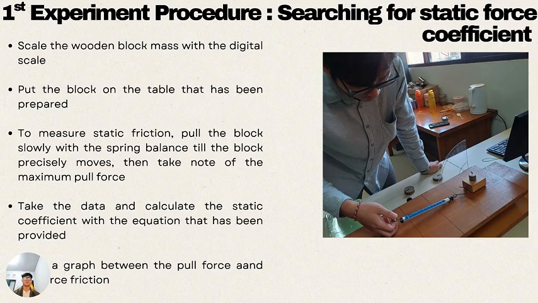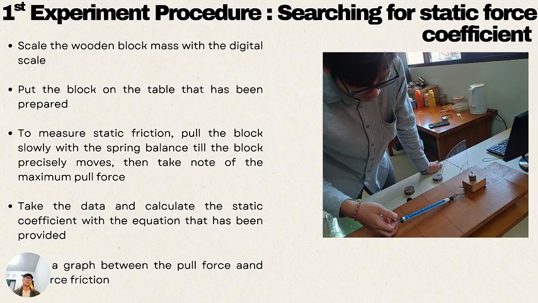This is the procedure on how we are going to do the experiment. First, we scale the wooden block mass with the digital scale. We're going to use three variations of masses put on the block to make it heavier and to see what its effect is going to be.